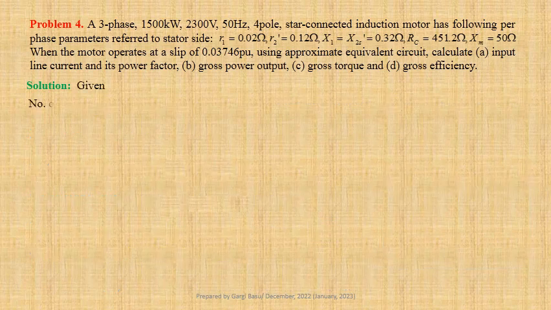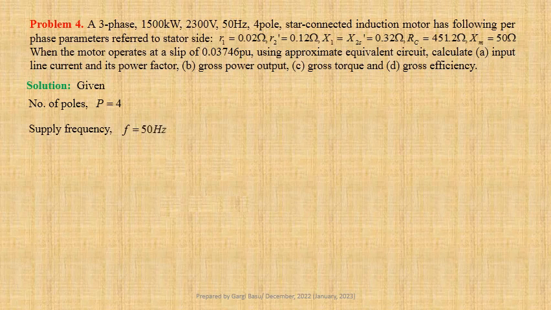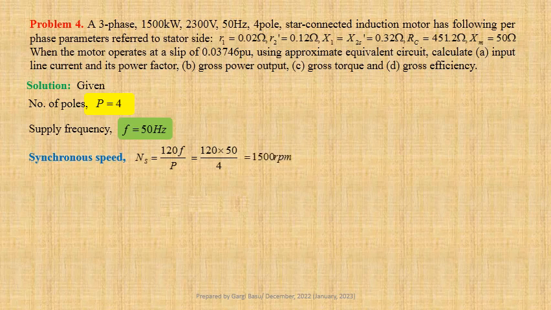Given number of poles of the machine P equals 4 and supply frequency F equals 50 Hz. Let us now calculate synchronous speed. Ns equals 120 F by P. Using values we get 120 into 50 divided by 4, that is equal to 1500 revolutions per minute.